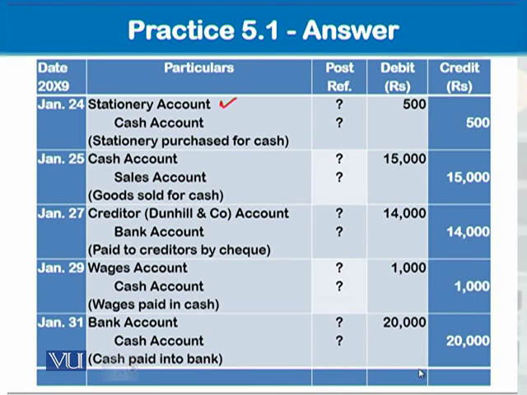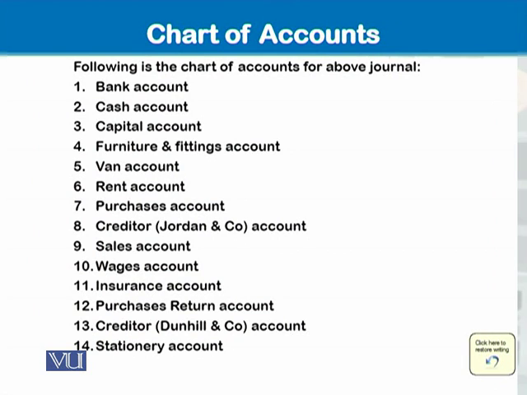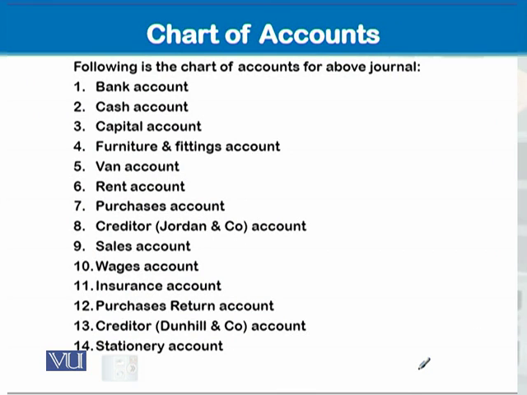Okay, good. So now, see, our chart of accounts will be developed like this. We took all these accounting heads from the journal, but none of these accounting heads should be repeated. Take each account only once and prepare this list.